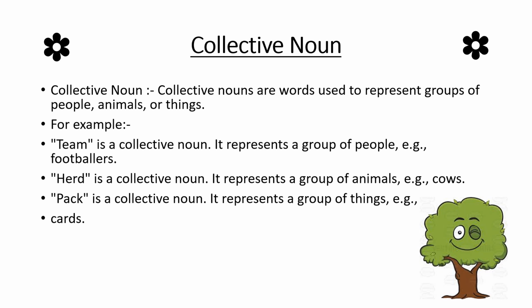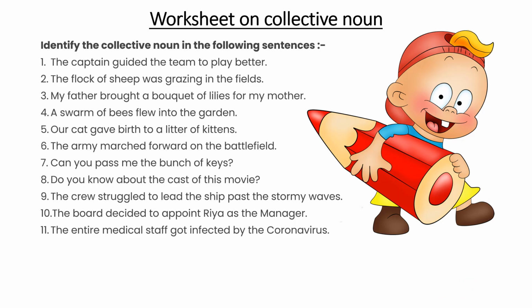Like team. Team is a collective noun, like the football team, which is the collection of the players of football. Like herd, it's a group of animals, like cows. Pack means a group of things, like cards. So it's a collective noun.